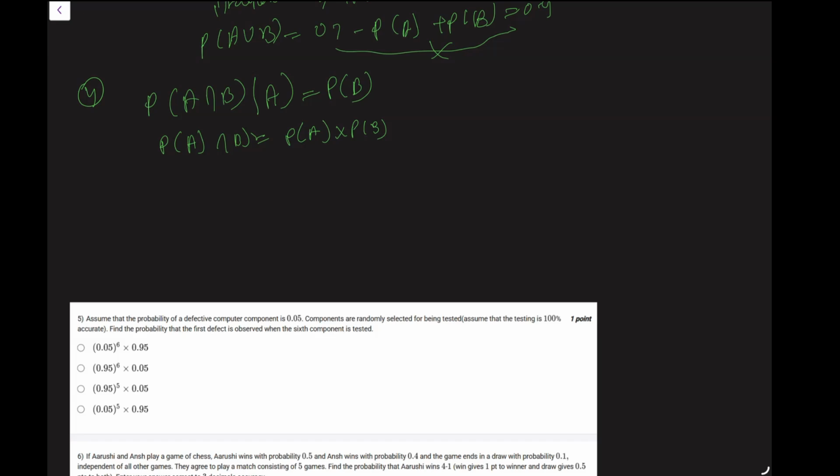See, if A and B are independent, we know this is true: probability of A times probability of B will give you the intersection. Now it's very simple.